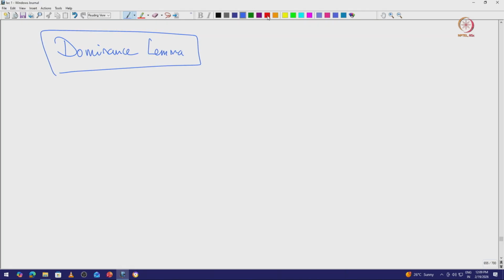The dominance lemma actually states something about these tableaux that we had before. So, you take lambda and mu to be partitions and T lambda and S mu satisfying the earlier conditions.